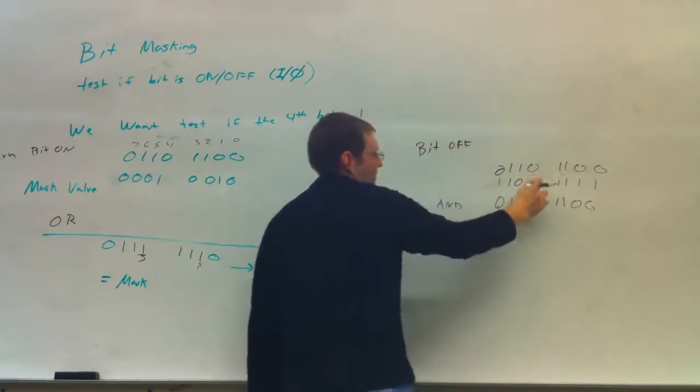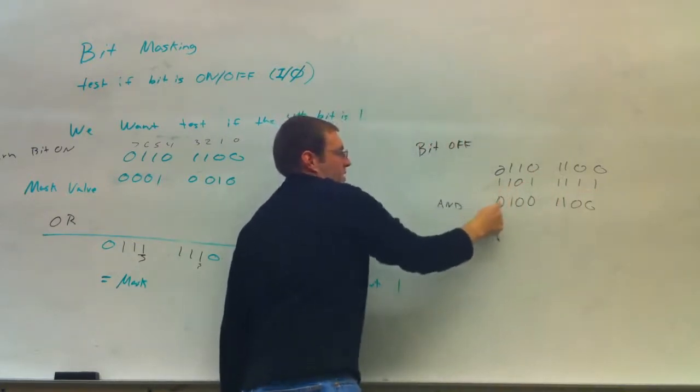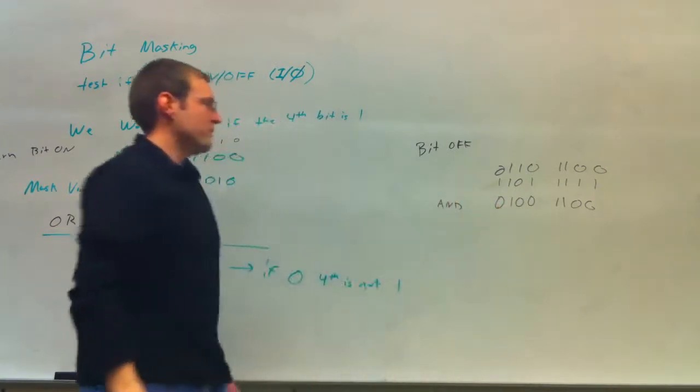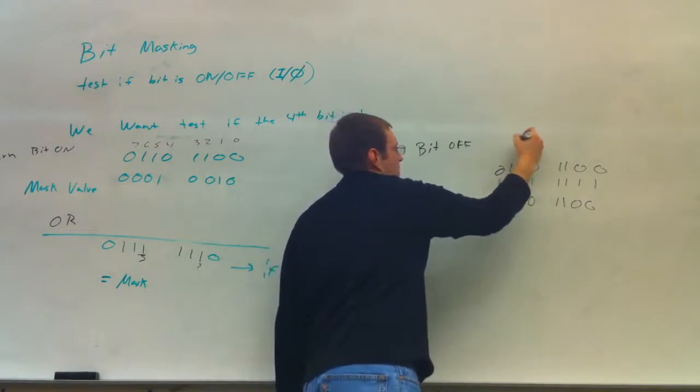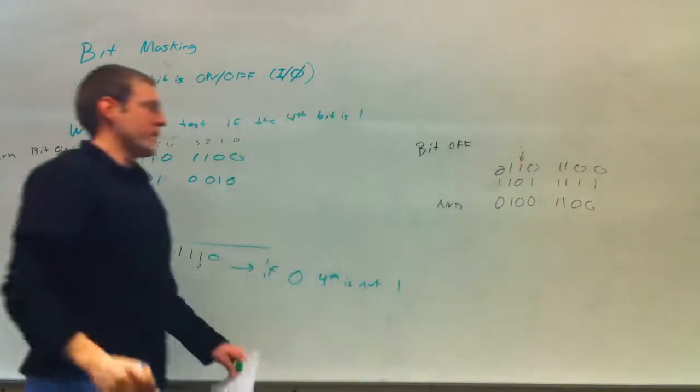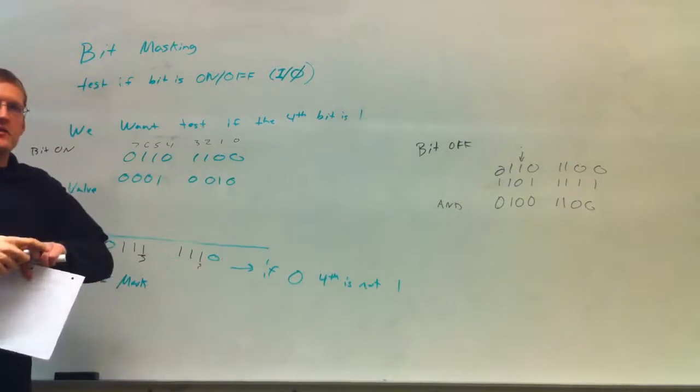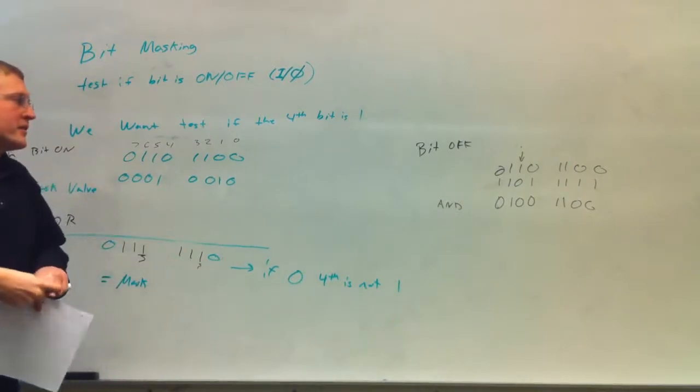So I just turned off this bit here. I'm just turning that bit off. So I can use it to turn bits on and off. ANDing that or ORing that? I'm ANDing that one.